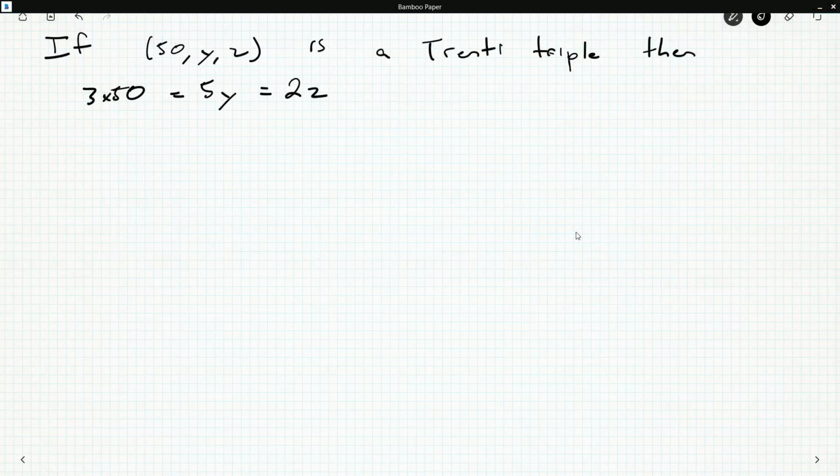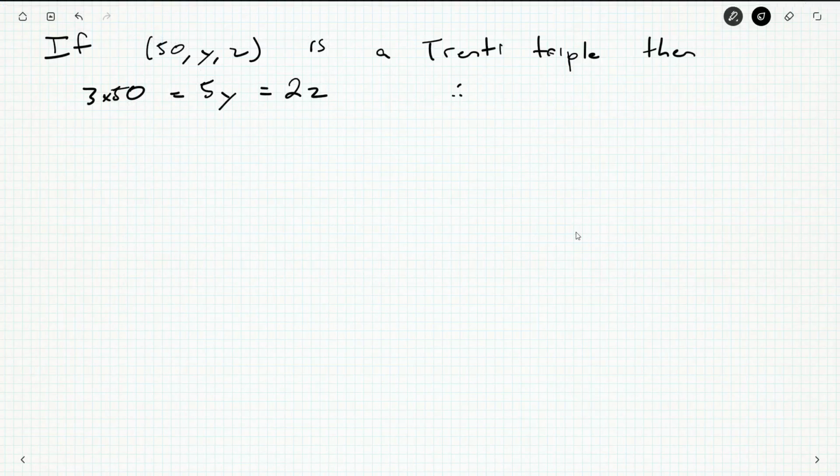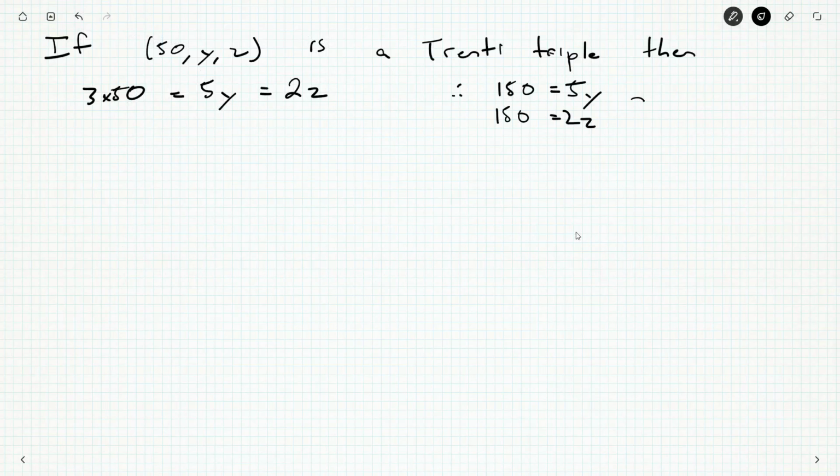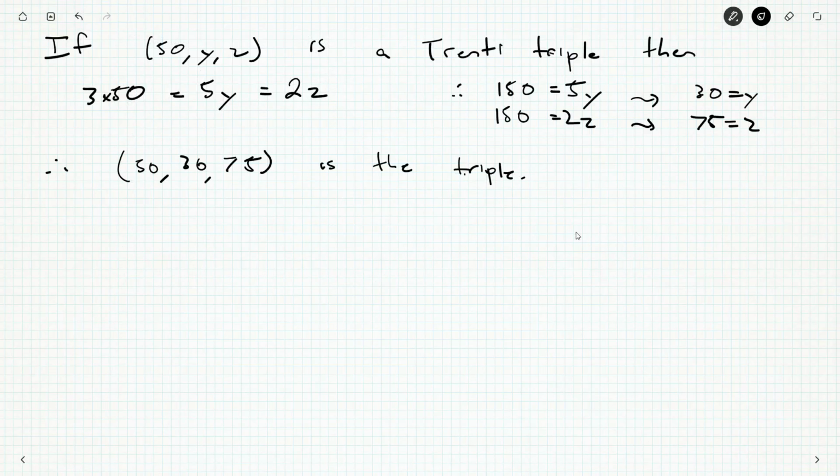Alright. So, one of these we can actually calculate, 150. 150 has to be 5 times y, and 150 has to be 2 times z. But very quickly, just dividing there, we get 50 is equal to y, and 75 is equal to z. So 50, 30, and 75 is the triple. No other way about it.